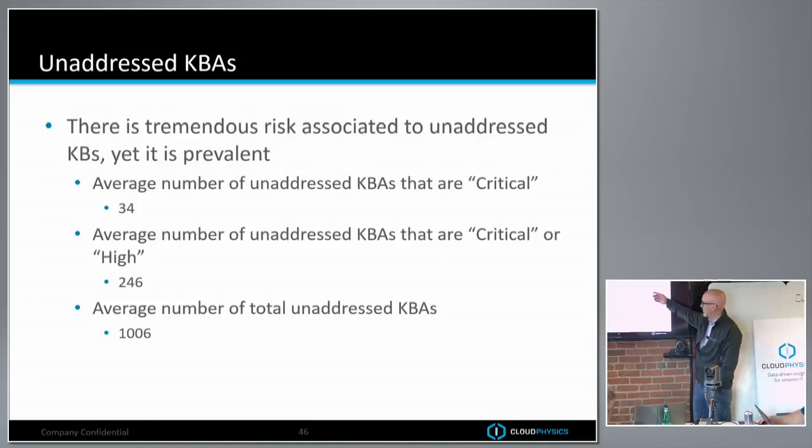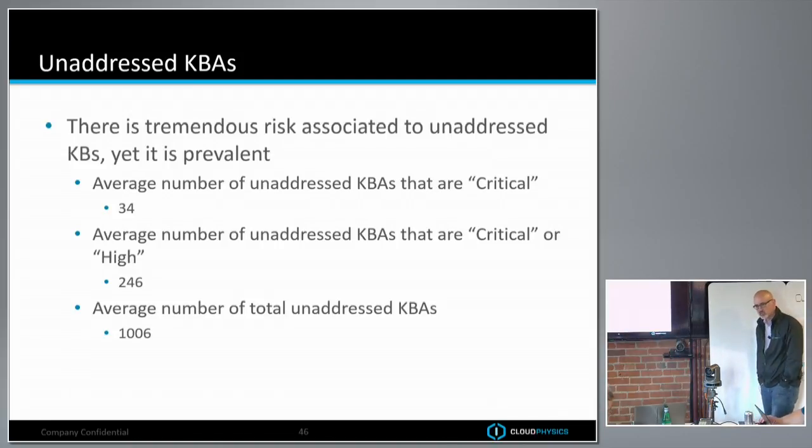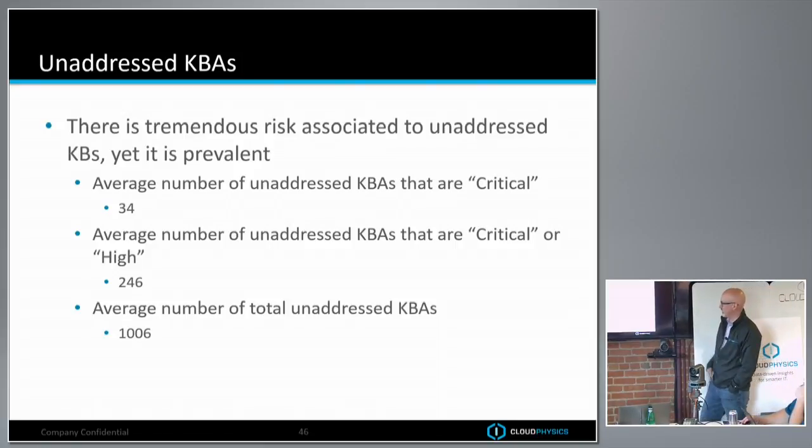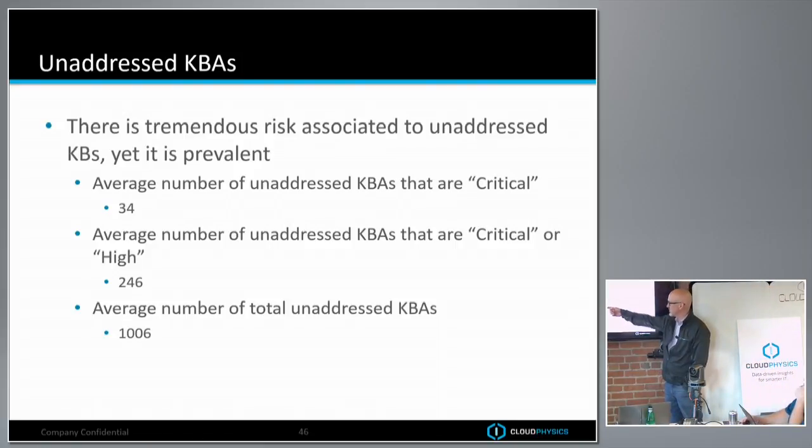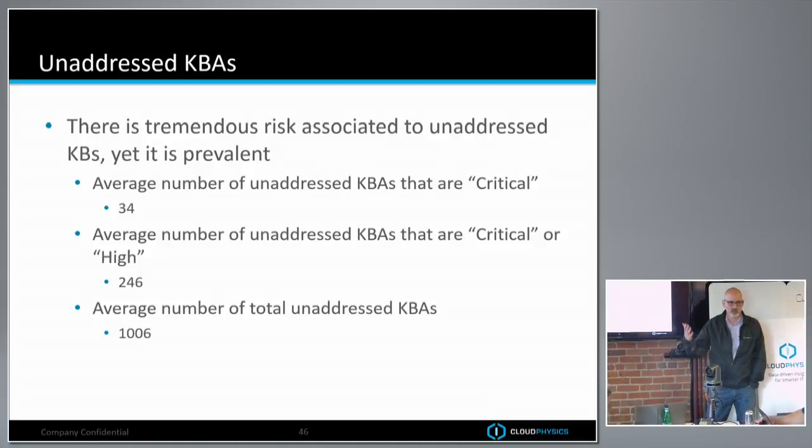We found that on average across our customer base, our customers have 34 unaddressed critical knowledge base articles. If you add critical and high, they have on average 246 unaddressed knowledge base articles, and the number goes really high if you include all of them, but some of those are just the informational long tail. The point is there's a lot of risk in the environment, and our application, just based on mapping configurations, can start to give insights into what those might look like.